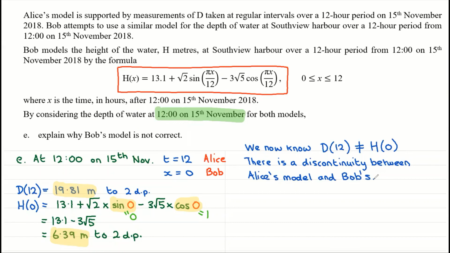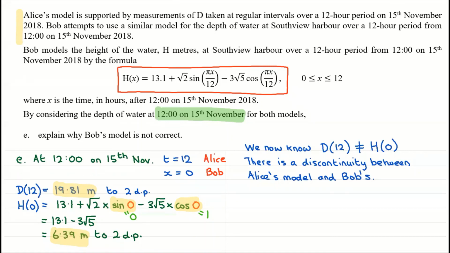Okay, now if we look at the information in the question again, so if you just go back up to the stuff that's provided to us, if we just read through it, it says Alice's model is supported by measurements of D taken at regular intervals, as we indicated using the GeoGebra. Bob hasn't done that. He's attempting to use a similar model for the depth of the water, but he hasn't taken any measurements.